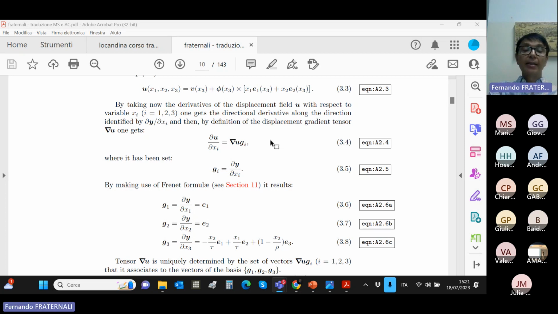We can now introduce the gradient of the displacement field that we have shown before.